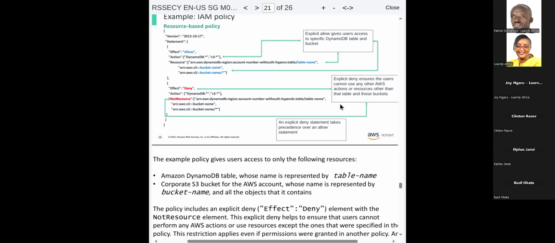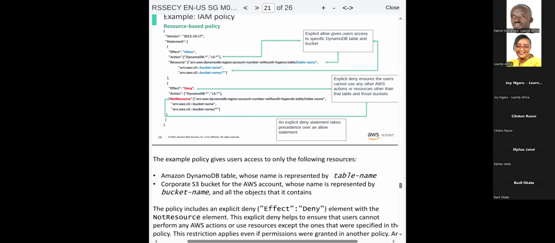So you cannot access the resources on this table and on this bucket. And the reason why this policy will deny the user from accessing the DynamoDB table and S3 is because the deny takes precedence.